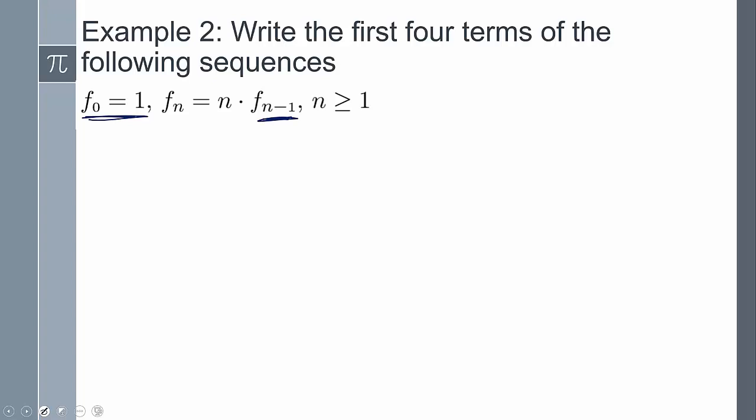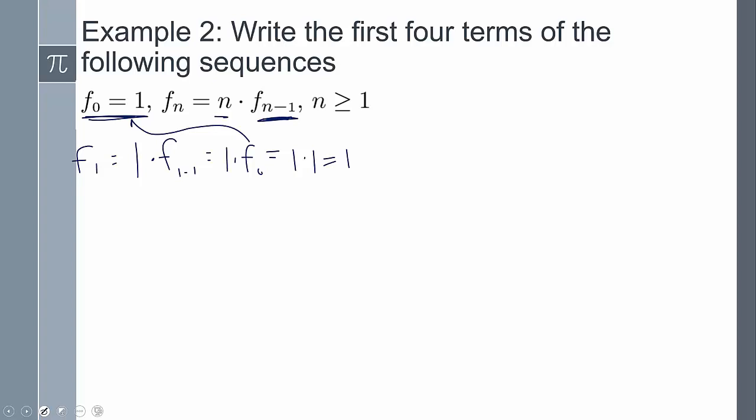So that means finding f of 1. That's going to be n is 1 times, and then if I plug in 1, I get f of 1 minus 1. Well, that's going to be 1 times f of 0. Well, f of 0 is right here. So that's going to be 1 times 1, which is 1.